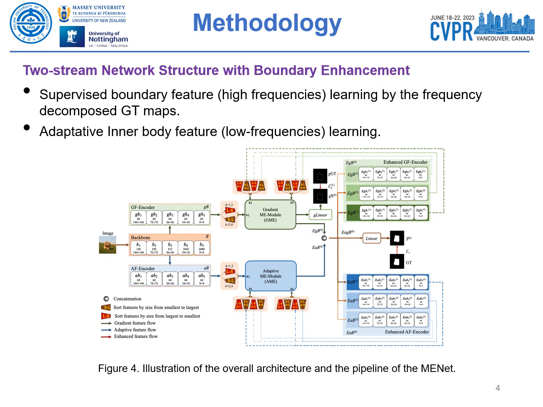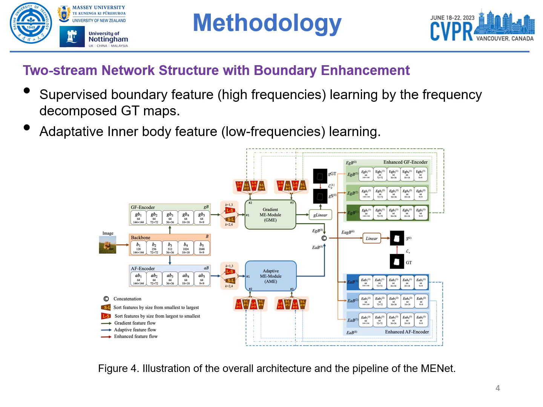Okay, here is the structure and pipeline of the proposed MENet. We first employ the image frequency decomposition theory and design a two-stream feature learning structure with two ME modules as the core. The two ME modules have the same structure but different functions.